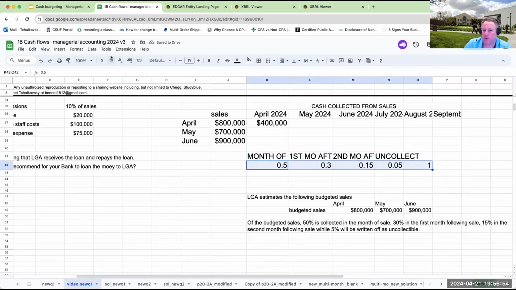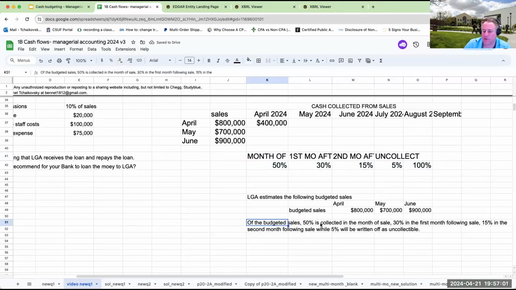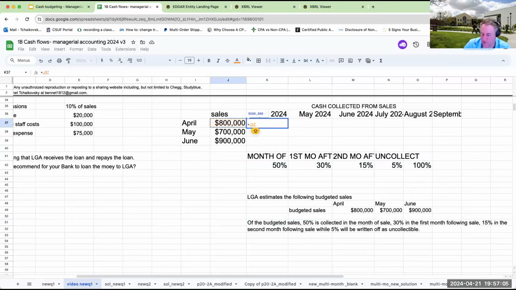So as I'm going through and working on this particular question, of the budgeted sales, 50% is collected in the month of sale. So 800,000 times 50%. 30% is collected in the month following sale. 15% is collected in the second month following sale.